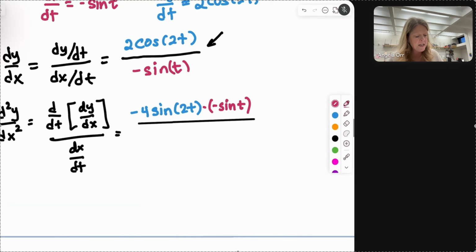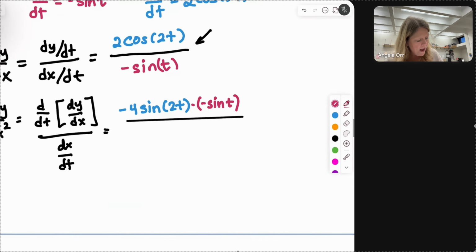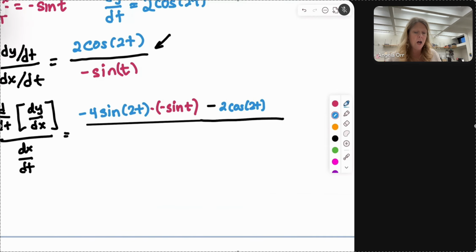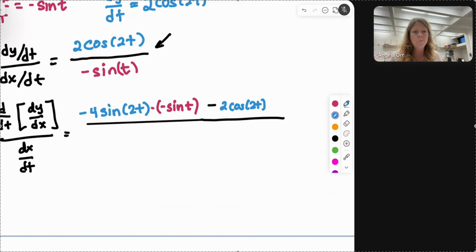And then I need to subtract from that, keep our top function, and the top function is 2 cosine of 2t, and I'm going to take the derivative of my bottom function. The derivative of negative sine of t is going to be negative cosine of t. All right, and then we divide that by the bottom function squared.